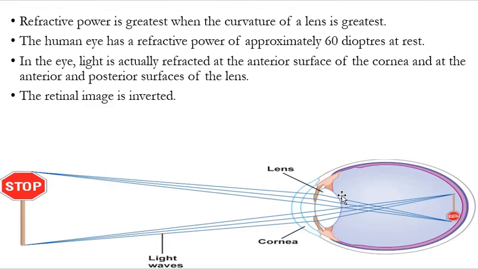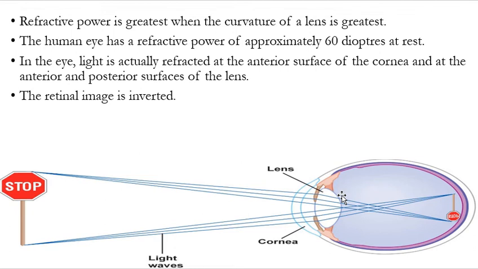So you see that the curvature can be changed by the activities of the cornea, and the reflex itself will be studied at a later point. So the human eye has a refractive power that is measured in diopters, and this is about 60 at rest. And in the eye, the light is actually refracted at the anterior surface of the cornea and at the anterior and posterior surface of the lens.